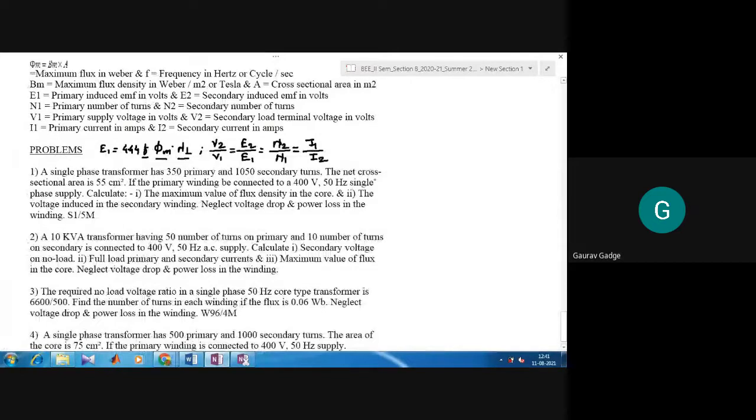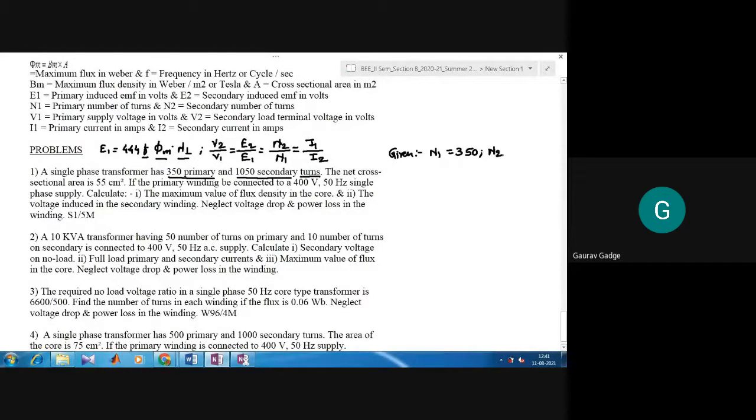So this is our first numerical, where we have to use these formulae. A single-phase transformer has 350 primary and 1050 secondary turns. Given for this numerical, N1, the primary turns, is 350.